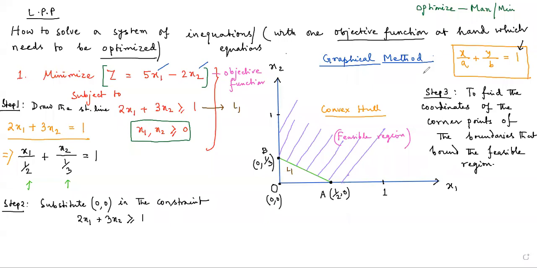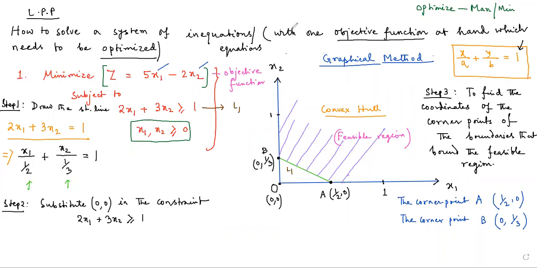So we'll write, with respect to step number 3, the corner point A has got the coordinate 0.5, 0. The corner point B has got the coordinate 0, 1/3. Okay. So the corner points of the boundary are marked.